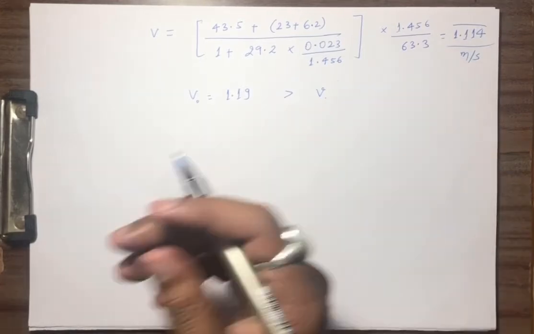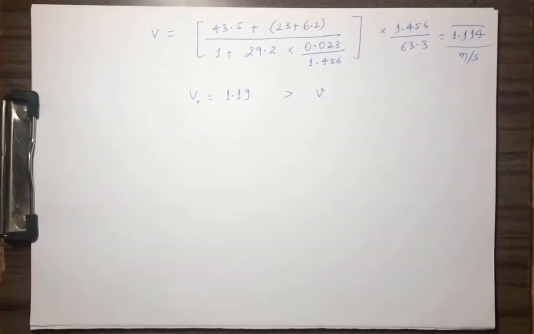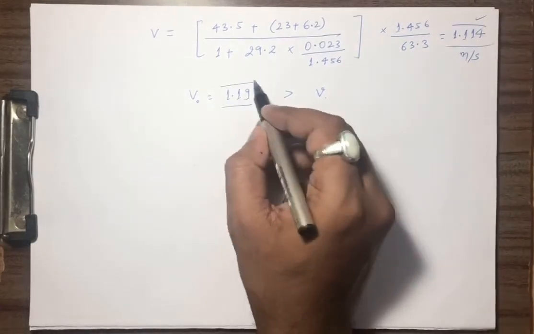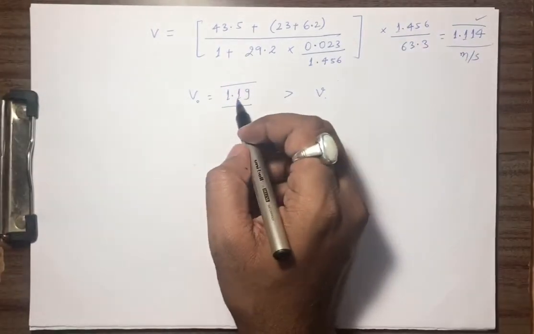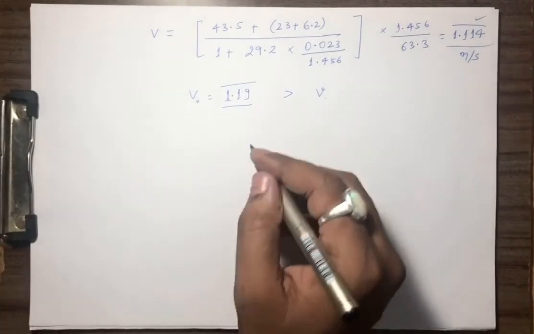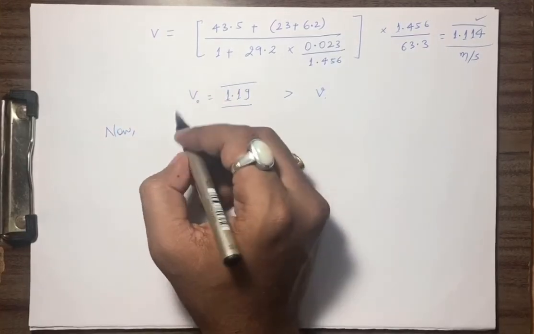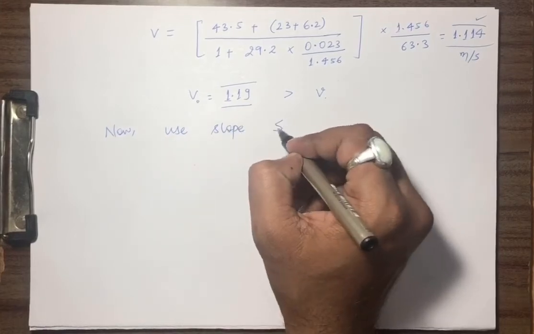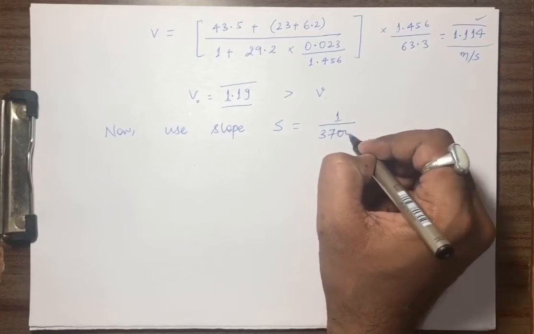So we have to increase the slope. Because we have to increase v, we have to reach here. We are at 1.114. We have to reach 1.19. So let us now use slope s as 1 in 3700.